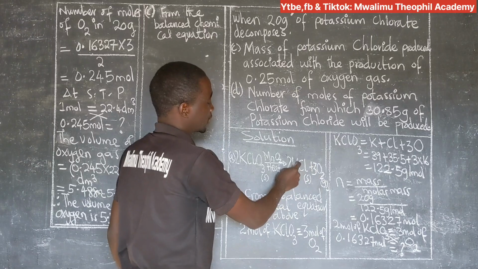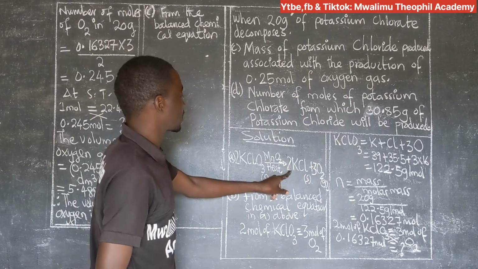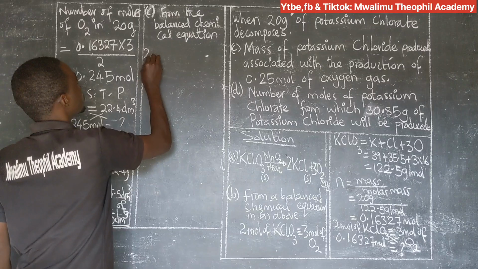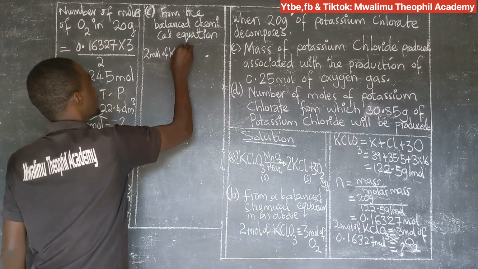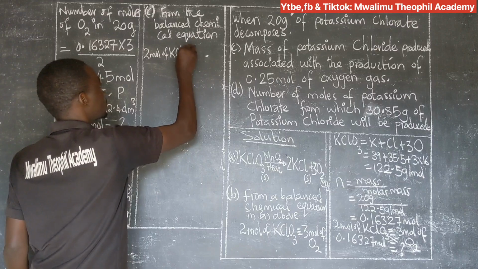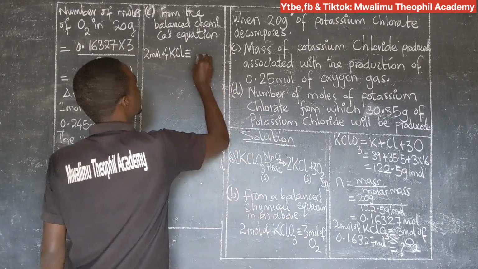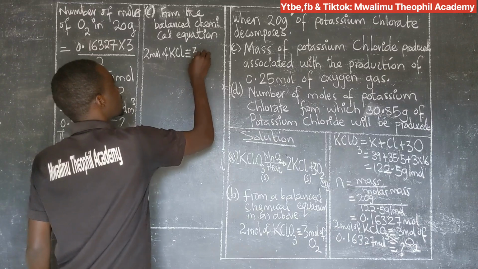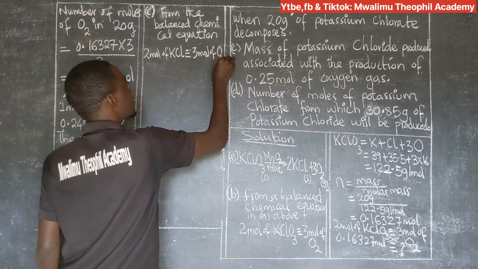These two are the products. We find that 2 moles of potassium chloride is equivalent to 3 moles of oxygen gas.